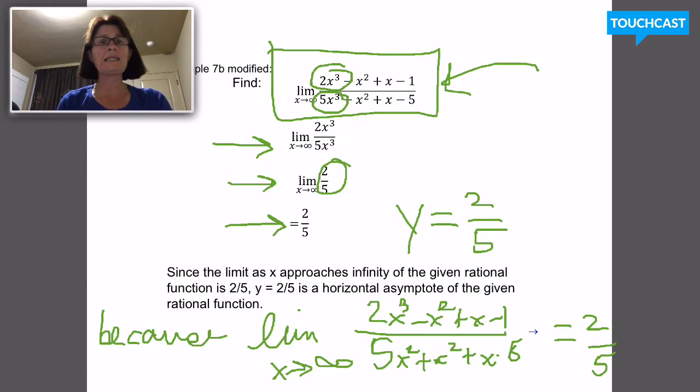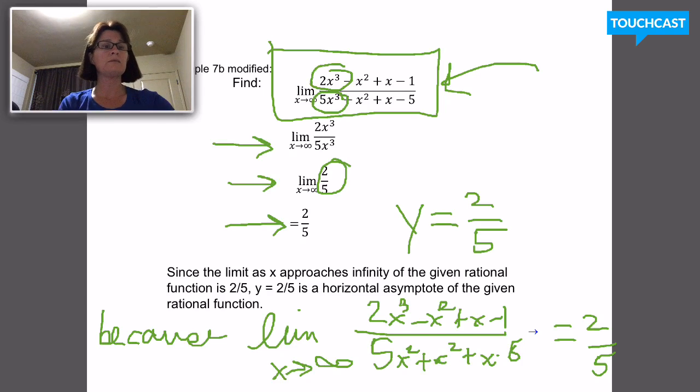A lot of times in calculus, in this class, on my tests, and on the AP test, you're going to be asked to justify your answers. You're going to tie your justification back to some important definition. And this is our definition for when there's a horizontal asymptote.